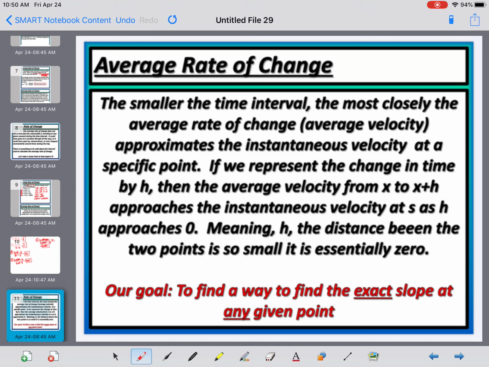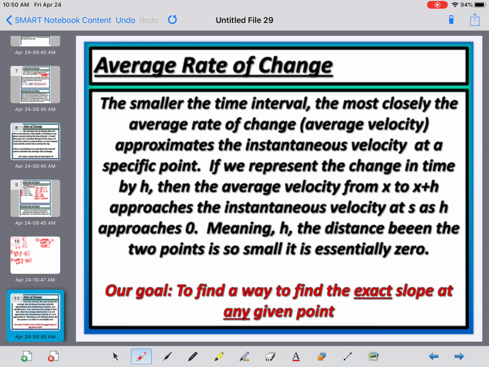All right, so let's see what you came up with. So the smaller the time interval, the more closely the average rate of change is going to approximate, or represent, the instantaneous velocity. Okay, so the average rate of change is over 2 points over a period of time, and the instantaneous is 1 point.